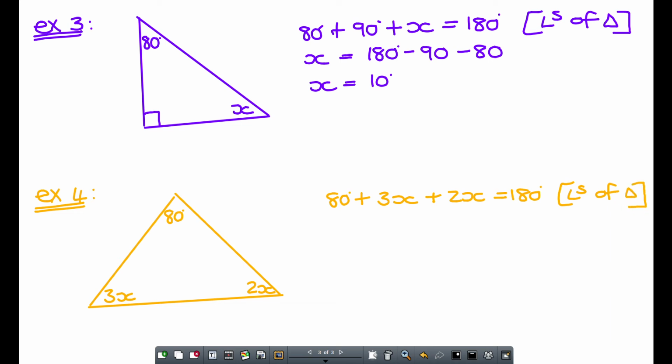Let's simplify. 3x plus 2x will give me 5x. And then take the 80 over. So it will be 180 minus 80. So I'm going to have 5x is equal to 100. Okay, so we divide each side by 5. So x is 20. Who got that one?